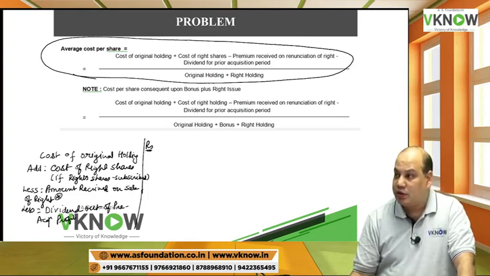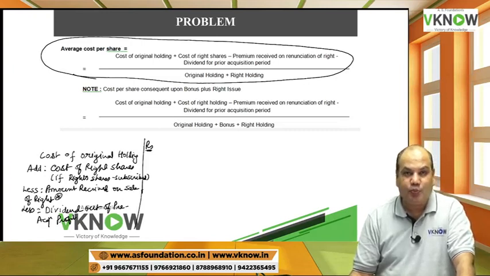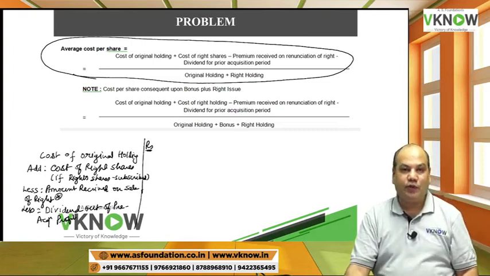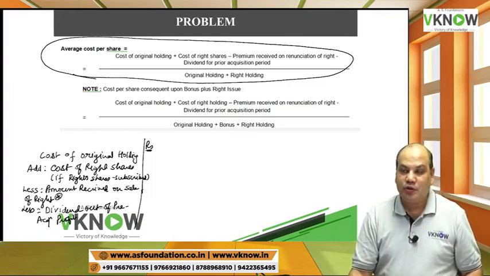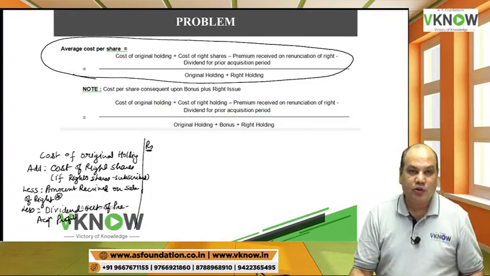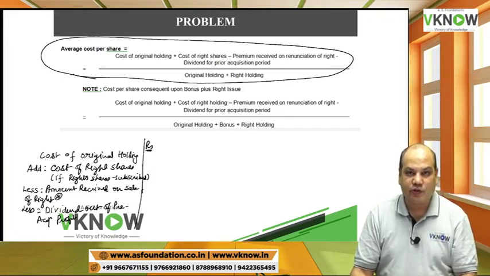This we have discussed in the earlier lecture. If any dividend is received out of pre-acquisition period profit, then the dividend will be credited to investment account. So that will reduce the cost of the investment.